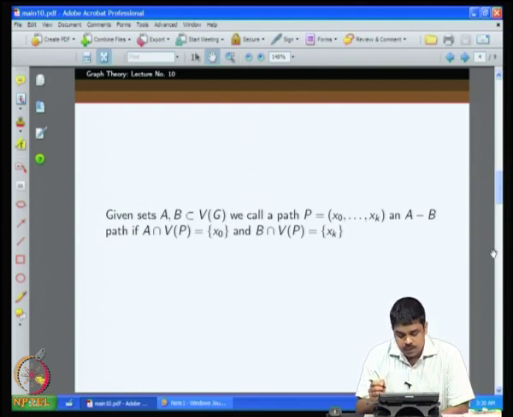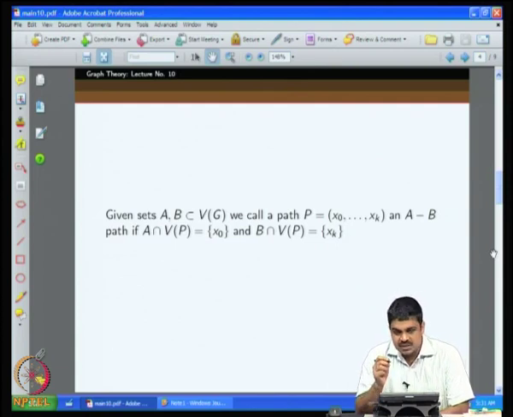So we consider the sets A, B subsets of the vertex set. We call a path P, let's say the path is x0, x1 up to xk, an AB path if the first vertex of this path belongs to A, that means x0 belongs to A, and the only vertex of the path that belongs to A is x0.